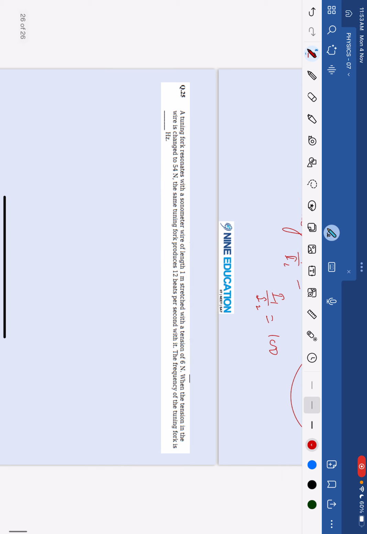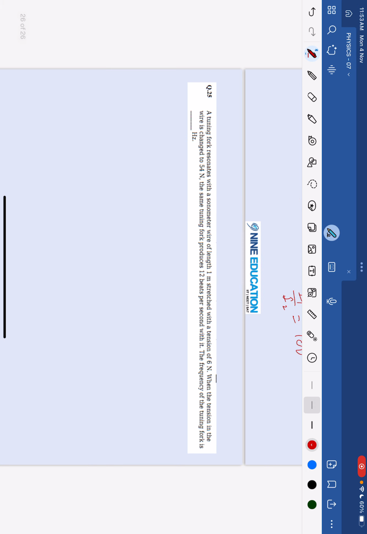Now the next question we have: a tuning fork resonates with a sonometer wire of length 1 meter stretched with a tension of 6 Newton. So what do we have here? All right, so the tuning fork has frequency 1 by 2L root T by mu, and this is basically 1 by 2 root 6 by mu.